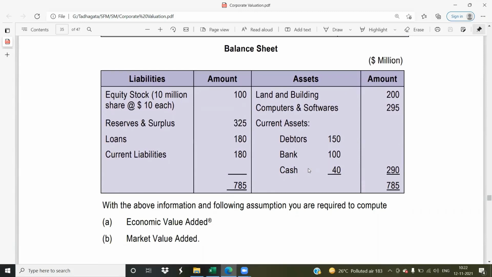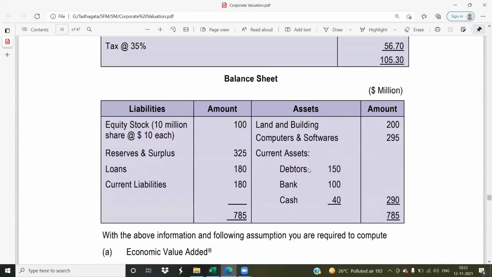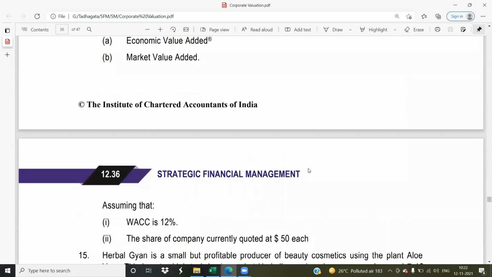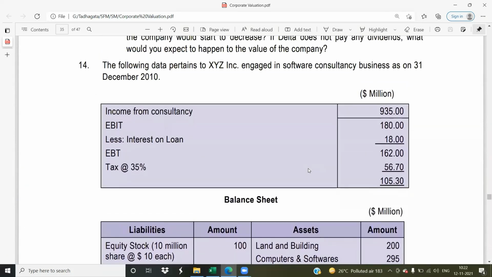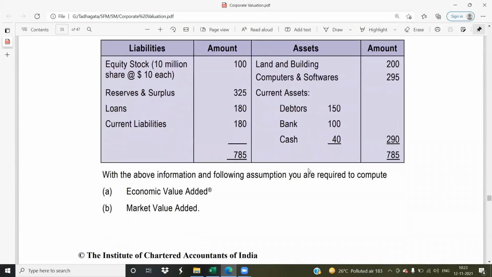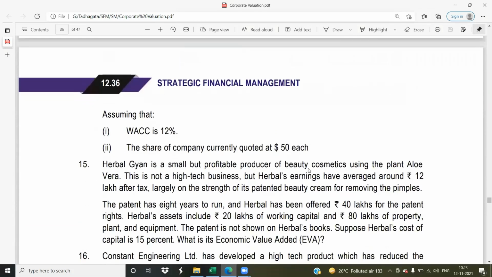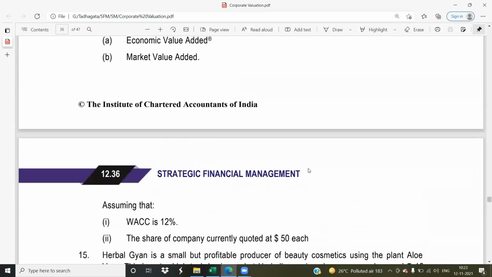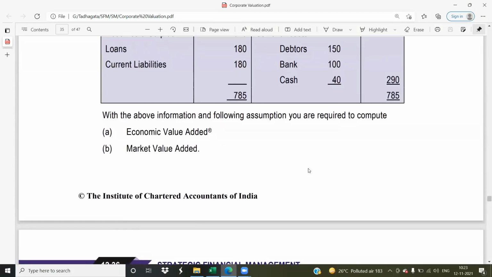Okay. So what is the formula of EVA? EVA is nothing but NOPAT minus WACC into invested capital, the weighted average cost of capital. You have WACC here, yes. Then what is NOPAT? NOPAT is nothing but EBIT into 1 minus tax rate. What is the total invested capital here? Total capital minus current liabilities is the total invested capital. Equity, reserves and surplus plus long-term borrowings. Okay, that is your total capital. So with this you find EVA. Then what is market value added? Market value added is nothing but market value minus book value. What is market value? $50 into the number of shares.